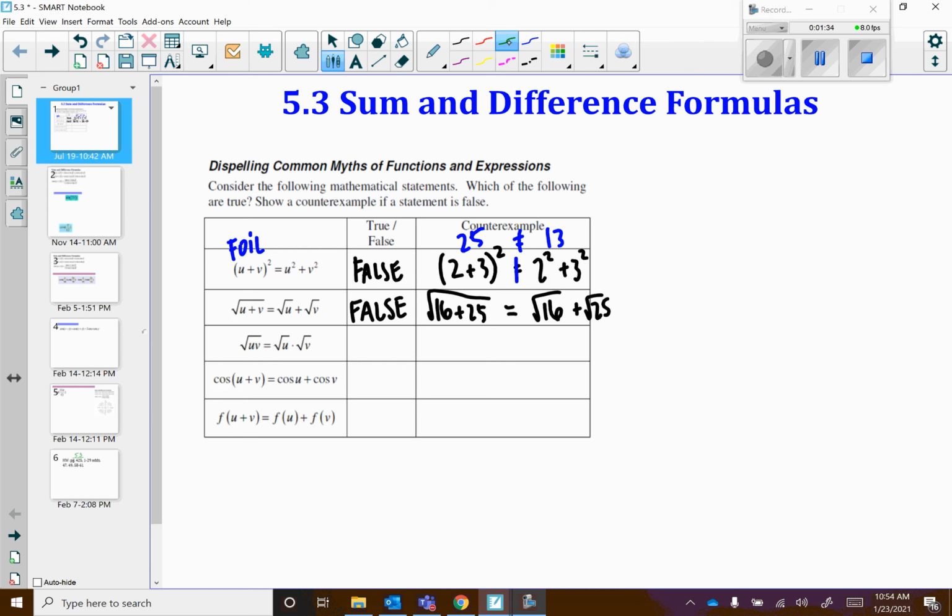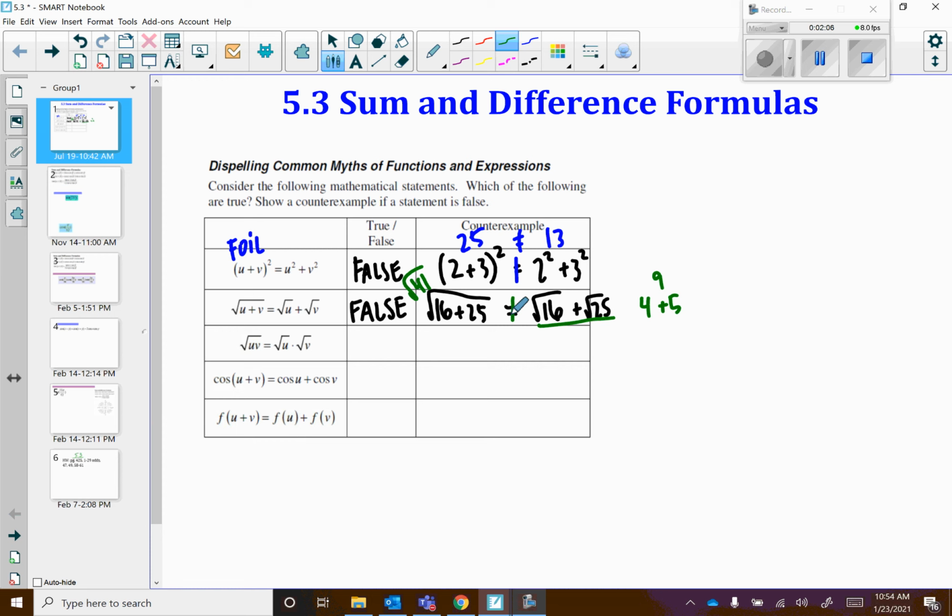We can check really quick because the square root of 16 is 4, the square root of 25 is 5. 5 plus 4 is 9. That's on this right side. And then 16 plus 25 is 25, 35, 41, I think. I'm doing this without my calculator. So square root of 41, well, that's not a perfect square, and it's not equal to 9. So we're like, yeah, that doesn't work.